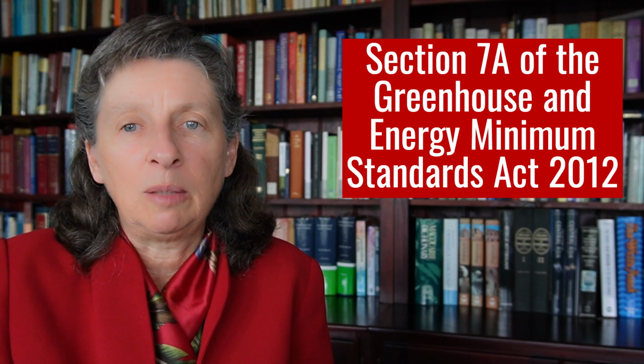For example, if you look at Section 7A of the Greenhouse and Energy Minimum Standards Act 2012, it says that it applies to the supply of a product whose regulation gives effect to Australia's obligations under certain treaties and international agreements under Section 51(29), or where the product is supplied to a foreign trading or financial corporation under Section 51(20), or where it was supplied in the course of interstate or overseas trade and commerce under Section 51(1), or where the supply of the product used a postal, telegraphic, telephonic or other like service under Section 51(5), or was a supply by or to a territory under Section 122, or a Commonwealth place under Section 52.